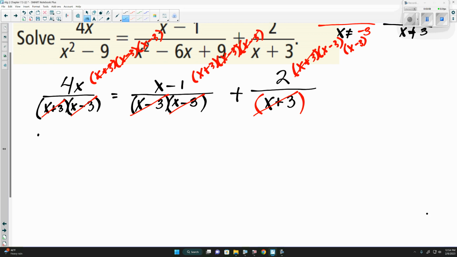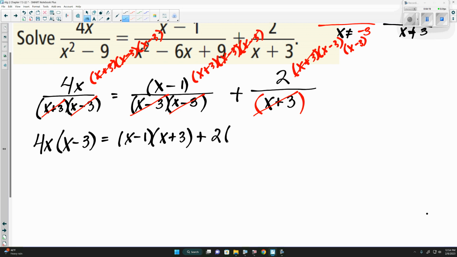Now in the first one, we do have 4x, and it's only being multiplied with the 1 x minus 3. Now the one in the middle, the x minus 1, is being multiplied by x plus 3, plus 2 times what we have left over here, which is x minus 3 and x minus 3. Do we know what those two would multiply back together to be?